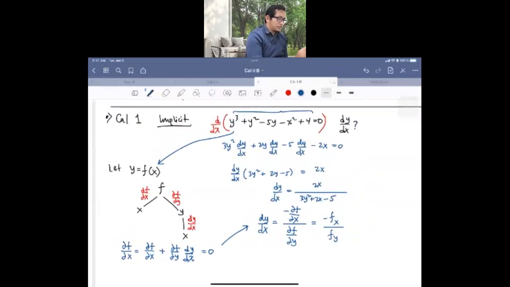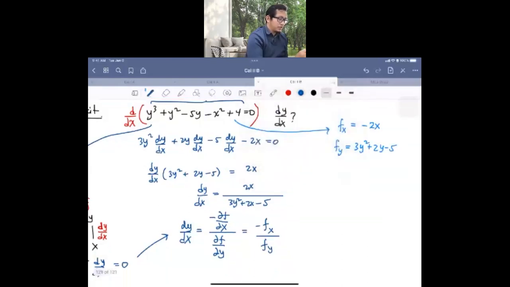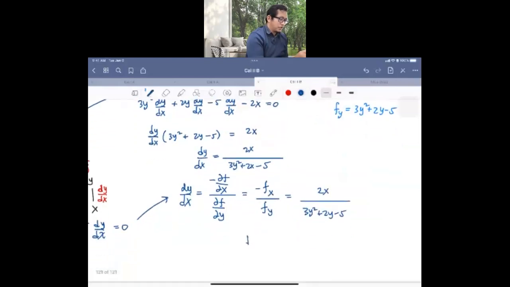Now if we look at what we have here, for partial x, we have negative 2x. For partial y, we have 3y squared plus 2y minus 5, which is getting the same results. So we can have dy over dx as negative partial x over partial y.